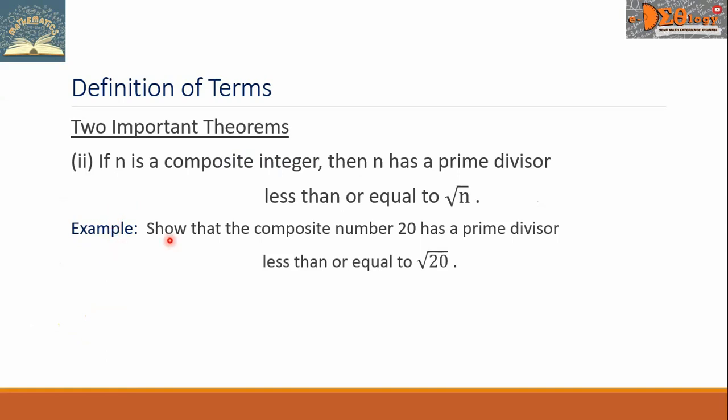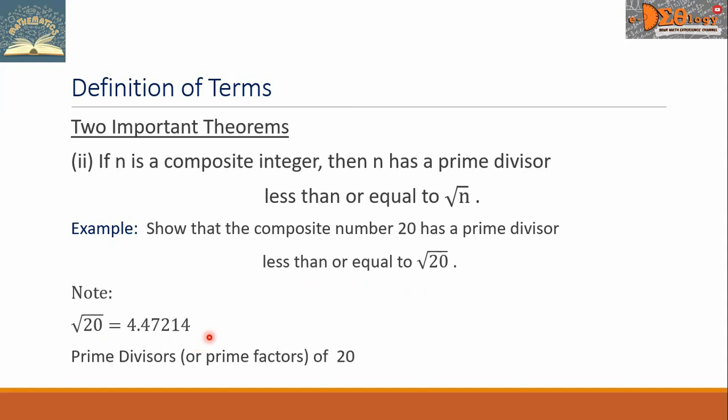For example, show that the composite number 20 has a prime divisor less than or equal to square root of 20. We note first that the square root of 20 equals 4.47214. Then we write the prime divisors or prime factors of 20.